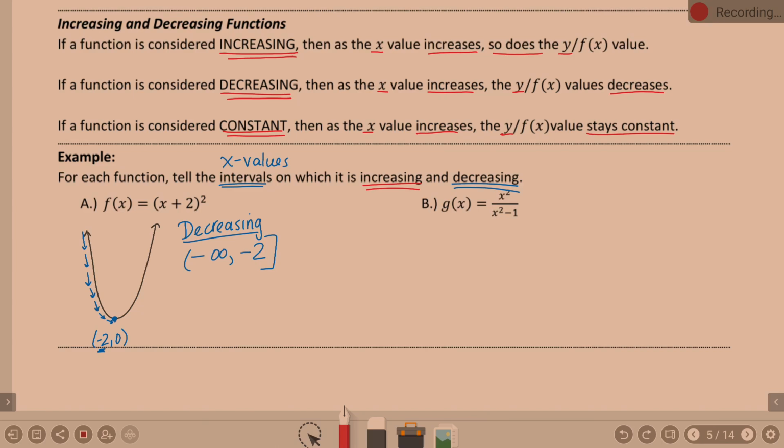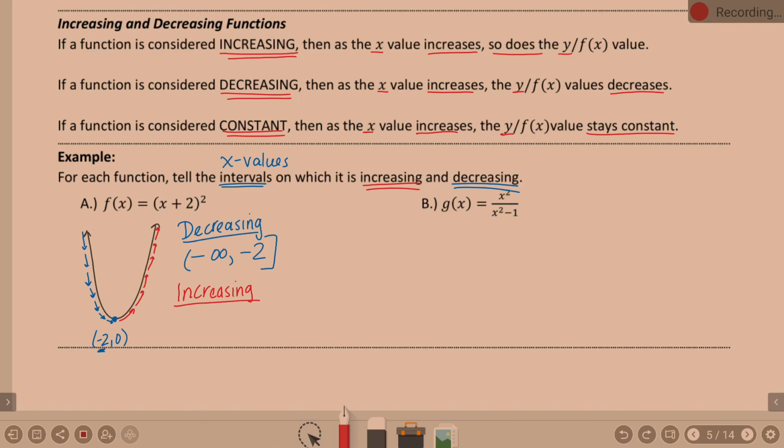Now, what happens after you get past that point? Okay, now, as I move to the right, I'm moving up, yes? And so that is my increasing. When did I start increasing?